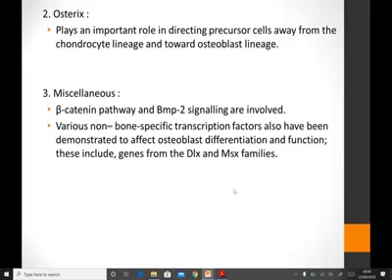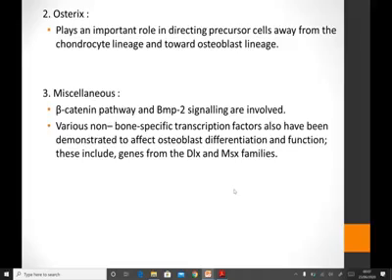At the same time, another transcription factor, osterix, directs the precursor away from the chondrocytic lineage towards the osteoblastic lineage. So all of these transcription factors are acting together. They are working simultaneously for the differentiation of an osteoblast from the precursor stem cell.